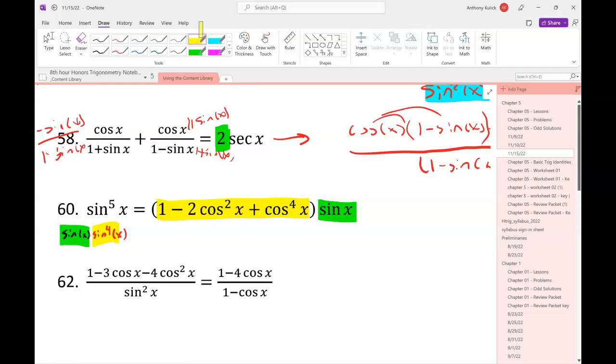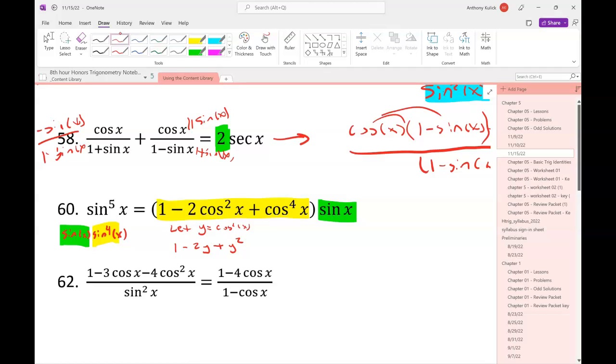Okay. What does that stuff in yellow kind of look like? Kind of looks like a quadratic. Yeah, because there's 3 terms, a constant term, something squared and then something to the 4th. That to me reeks of a quadratic. So if we say, okay, well, let y equal cosine squared. This is just like 1 minus 2y plus y squared then, right?